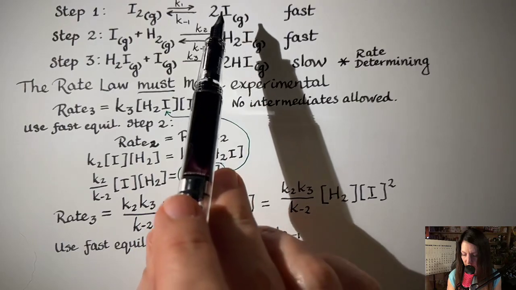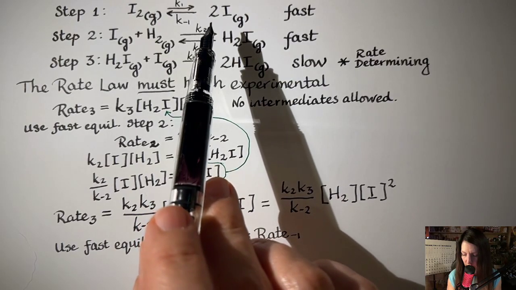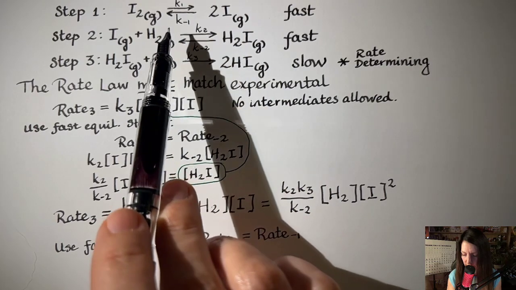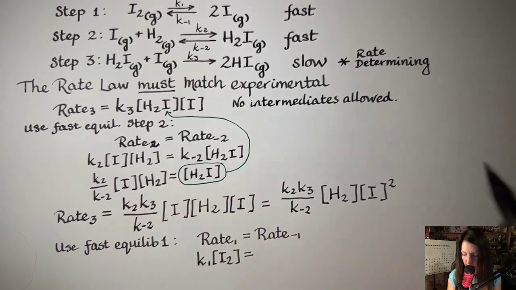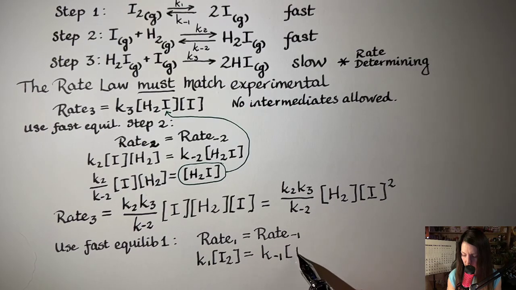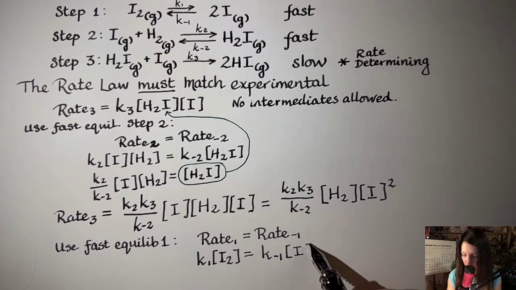This is now taking 2 of these iodine atoms reacting together with the rate constant of K minus 1. All right, so there's our K minus 1 rate constant. And there are 2 of those iodine atoms, so we can square those.